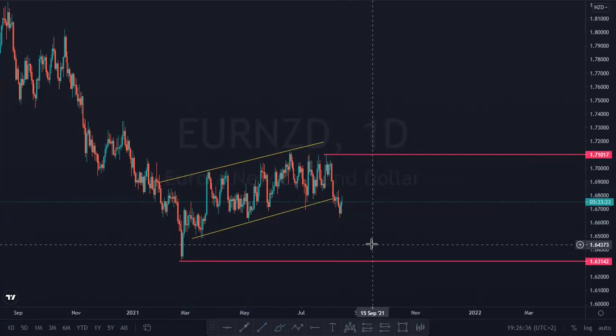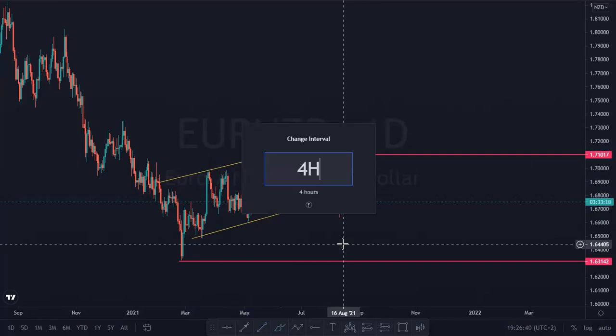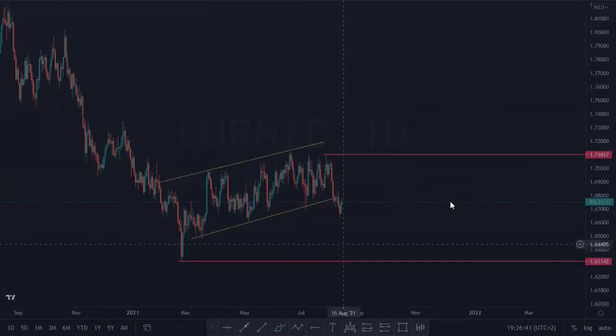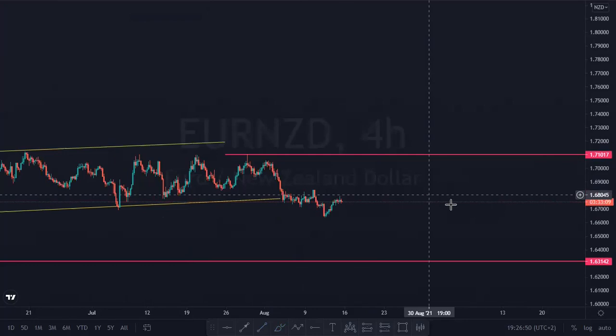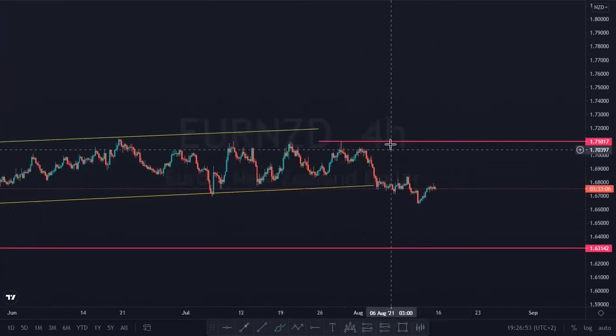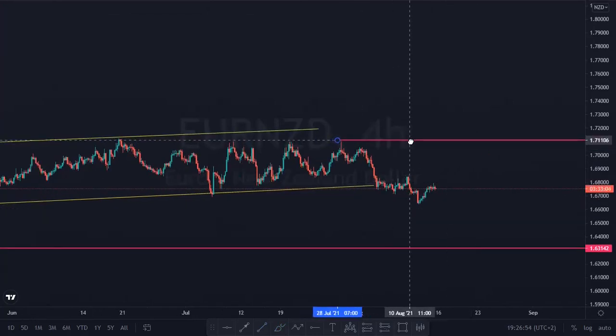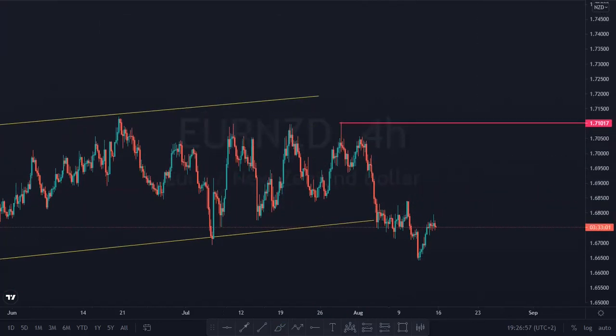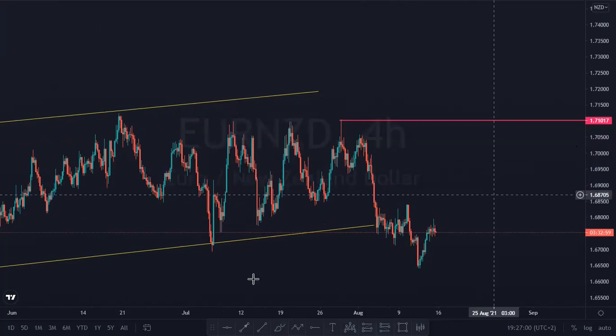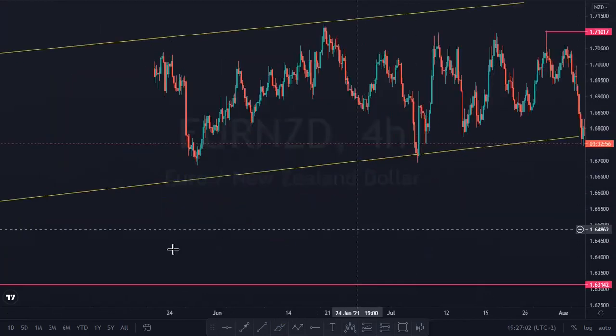So let's continue. Let's go to the 4-hour time frame, H4, so that we can see exactly what is happening in this chart. Okay, let me just sort this one nicely first. Now you can see a bigger picture.